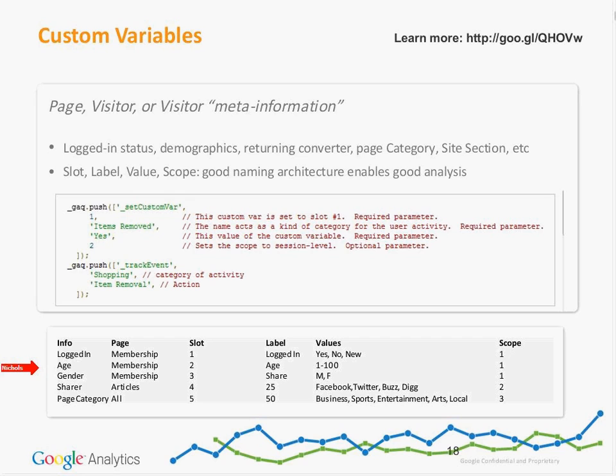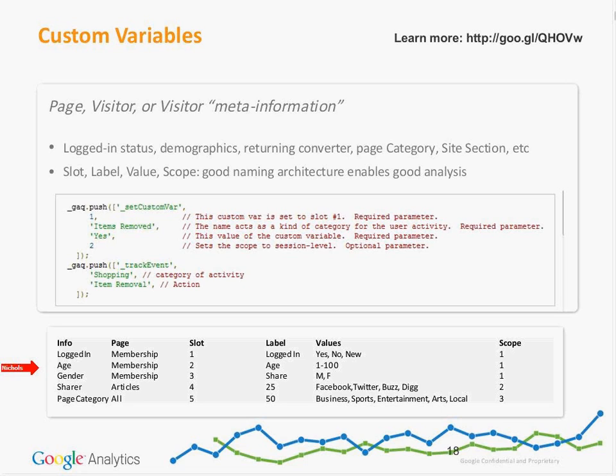The difference is that if you start assigning these to a different scope, and the potential scopes are page, visit, or visitor, then these slots start to get dedicated, right? So if you're in your first slot, you have something that's assigned at the visitor level. That means it stays every time they return.